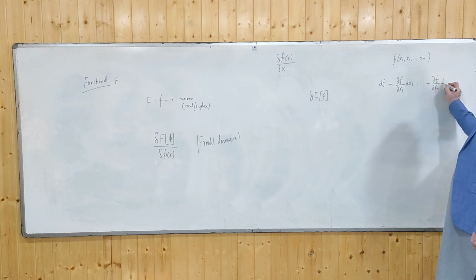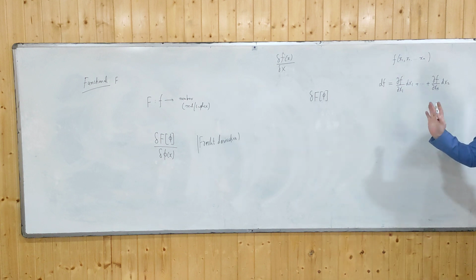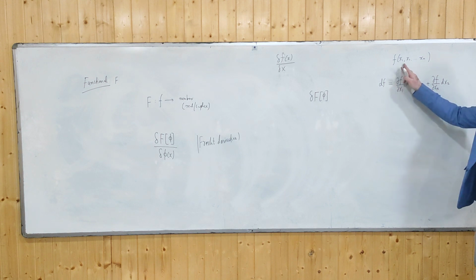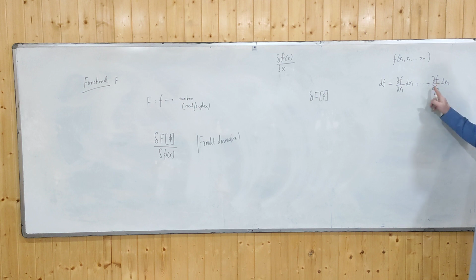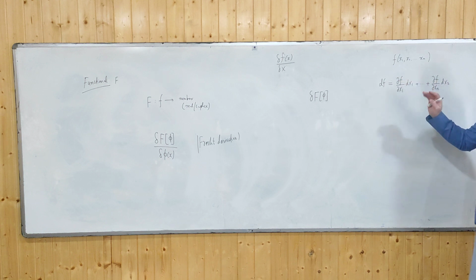It is a linear superposition of all these variations around the given points, written as a linear sum of all these terms.